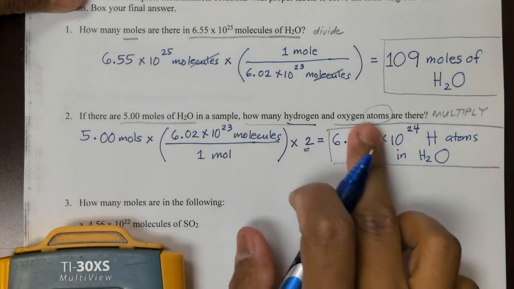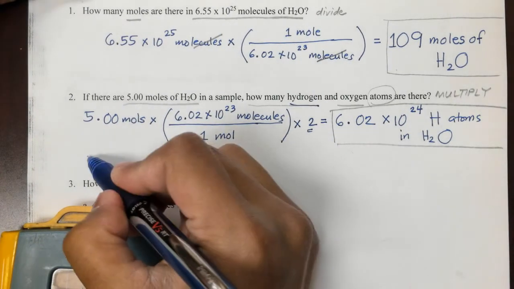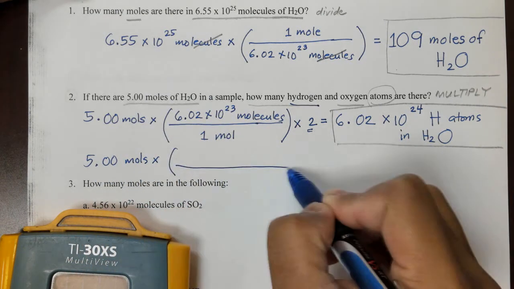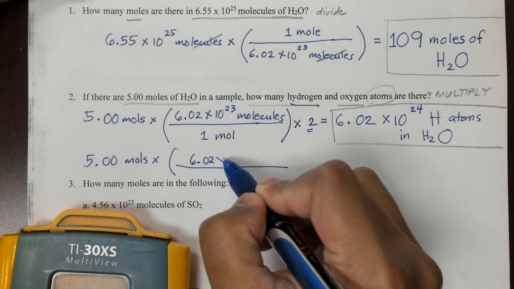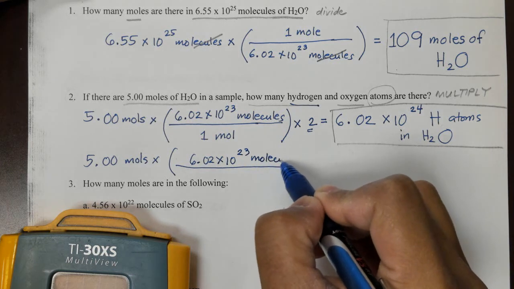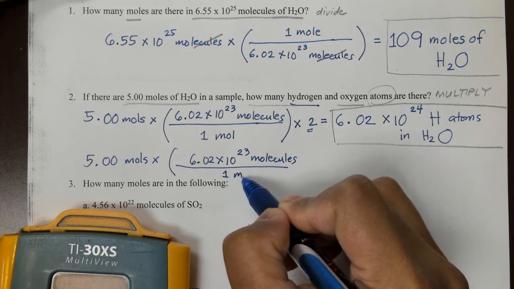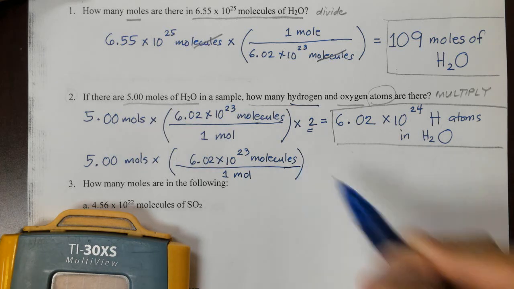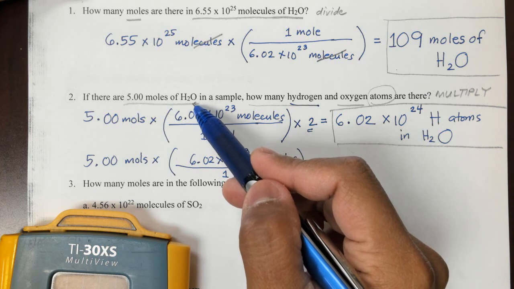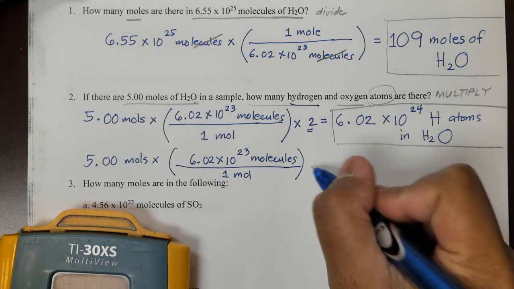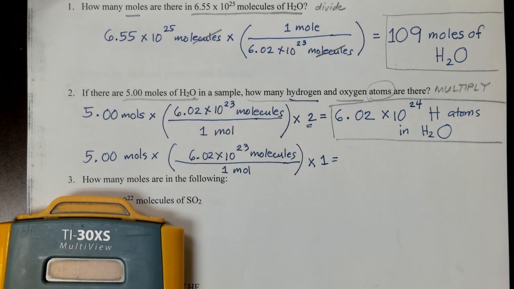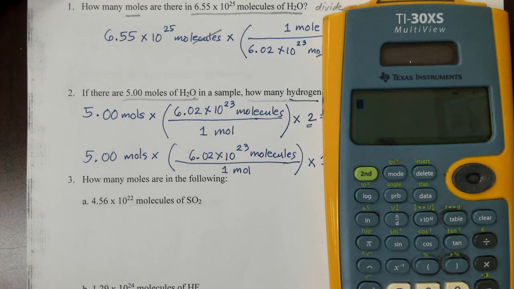Now, we still have oxygen left. So for the oxygen, it's still the same. So 5.00 moles times again your Avogadro's number on top. 6.02 times 10 to the 23 molecules of water over 1 mole. And then after that, for the oxygen, we look at the subscript of oxygen in H2O, which is none. None means 1. So we're going to multiply it by 1 instead. So it's just basically 5 times your Avogadro's number, because times 1 will give you the same answer.